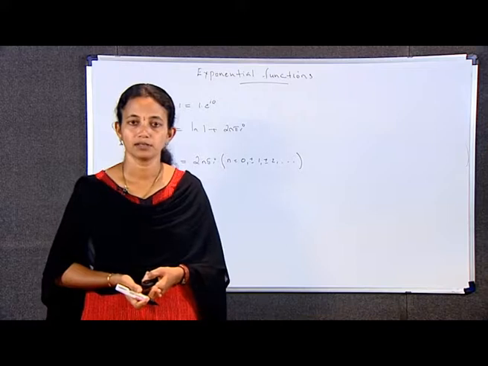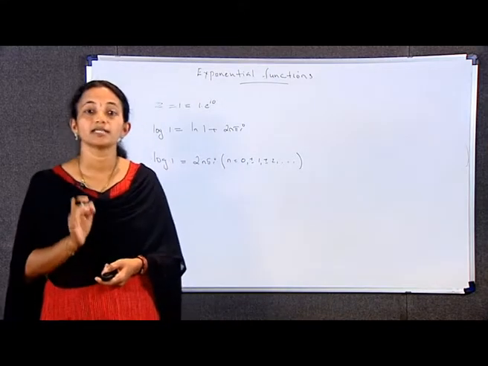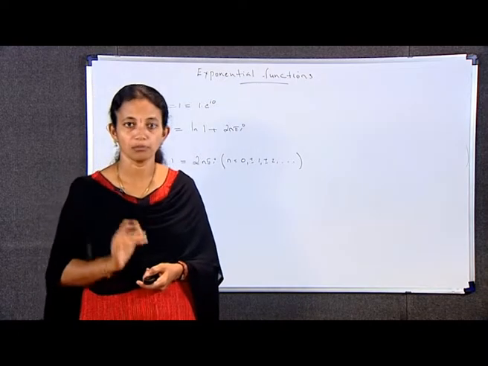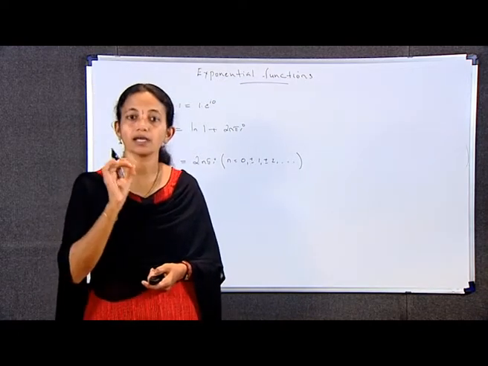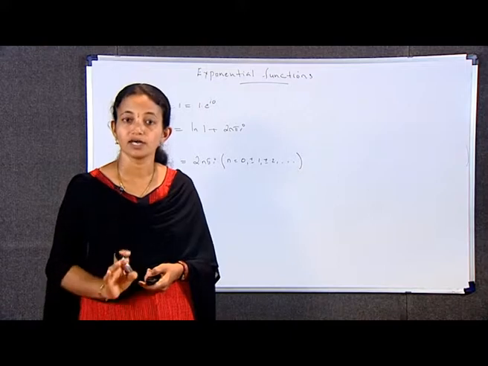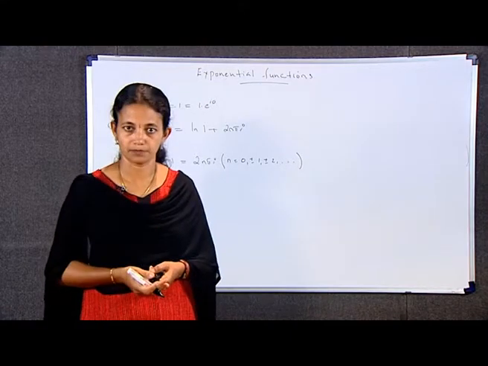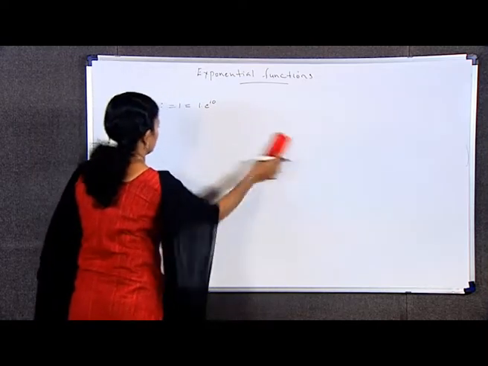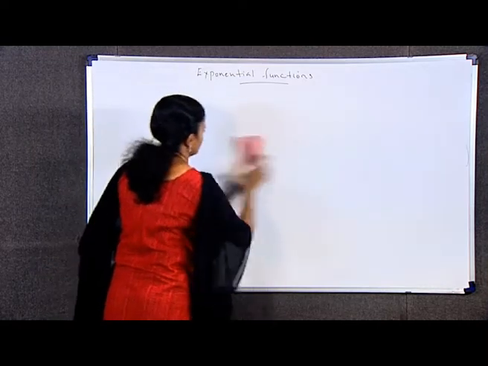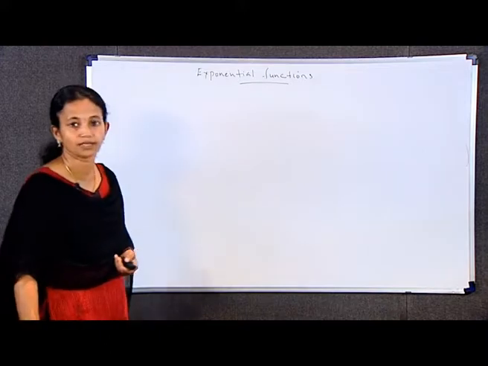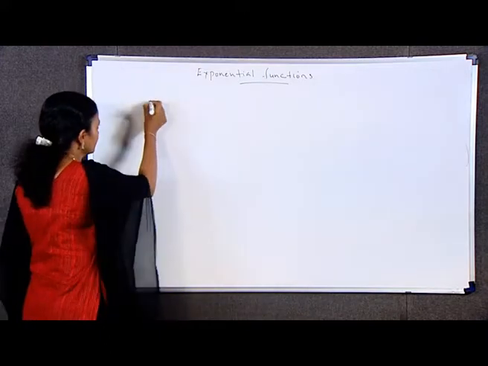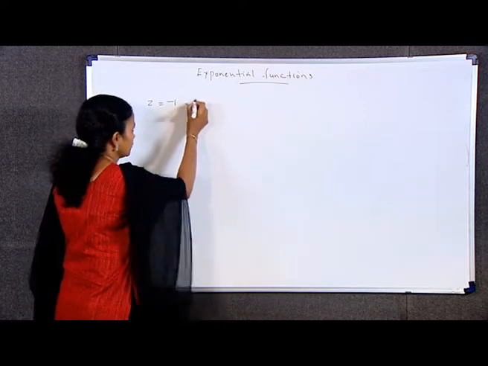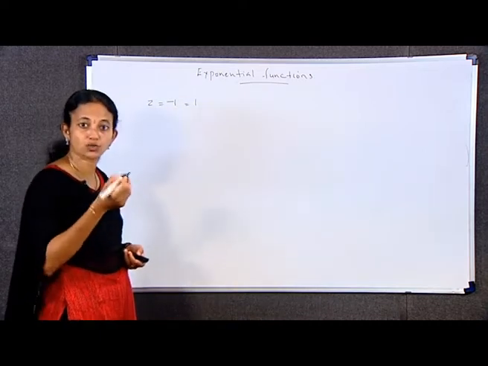Next example: minus 1 is a negative real number. We write it in the form minus 1 is equal to r into e raised to i theta, where r is a positive real number. That is, z is equal to minus 1, which I can write as 1 into e raised to i pi.